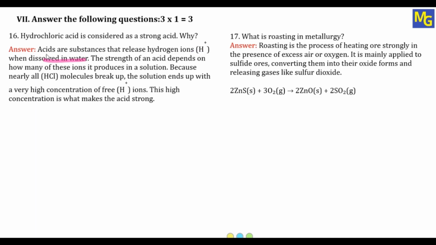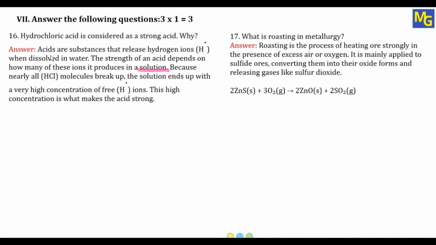Always remember, any acid, HCl or H2SO4 or HNO3, when it is added in water, always releases hydrogen ions, that is H plus ions. The strength of an acid depends on how many of these ions it produces in a solution.